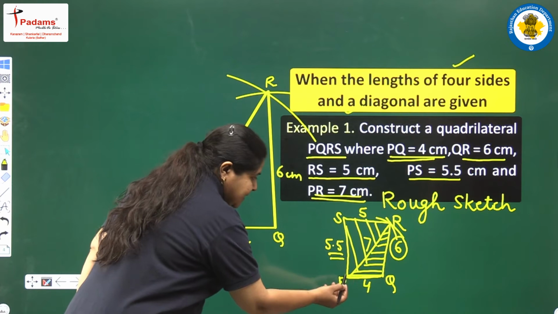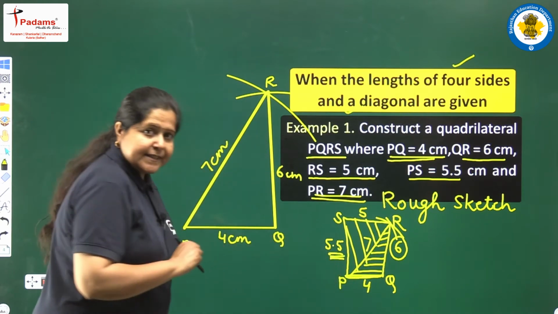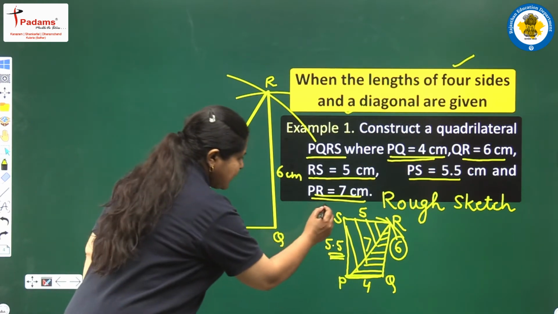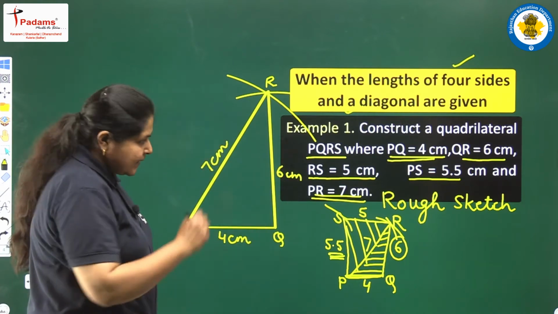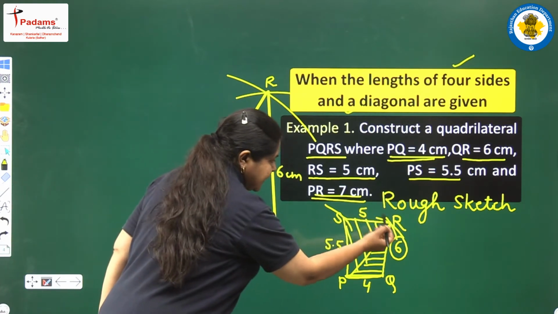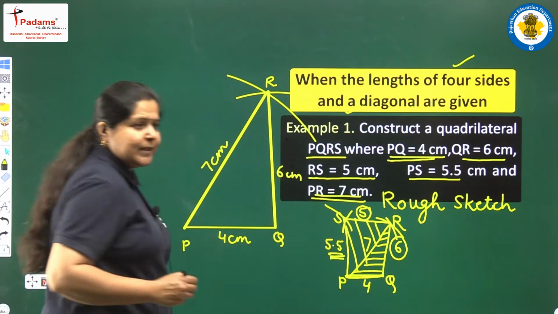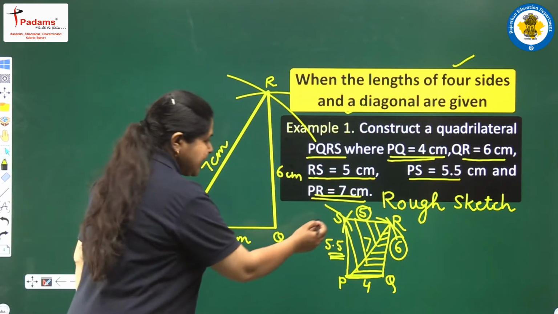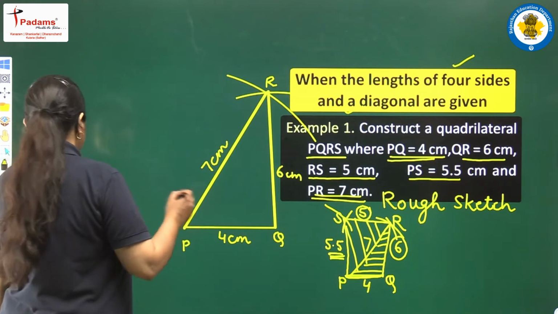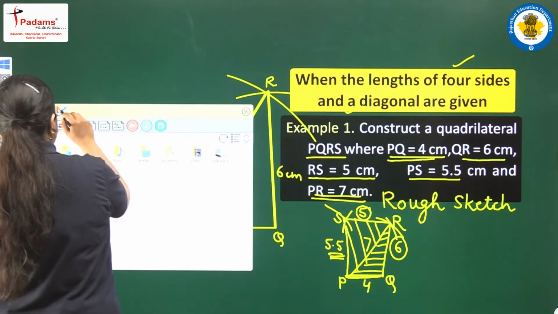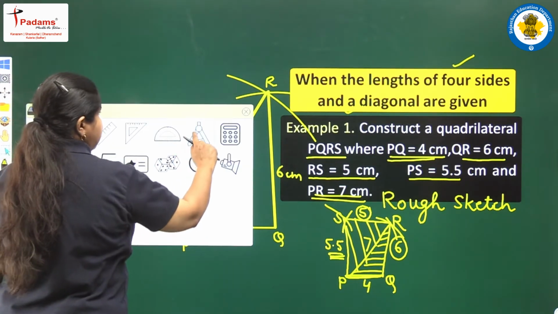With PS center and radius 5.5 centimeter, we will be drawing one arc in this manner, and with RS center again we will be drawing another arc of radius 5 centimeter to get the point S. So this will be done with the help of a compass once again.